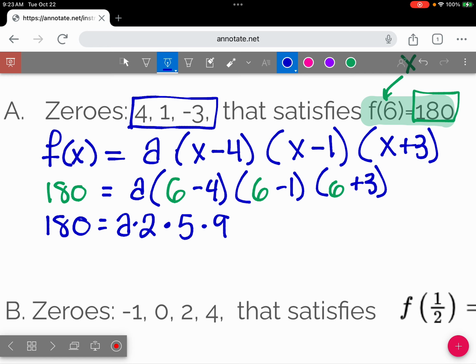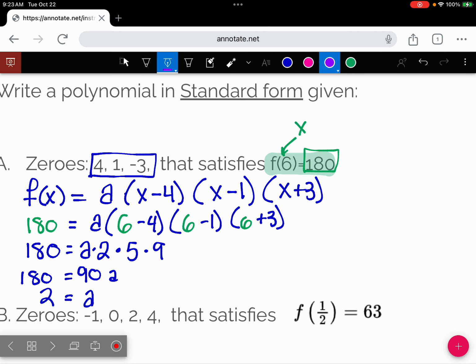Should not be 98. Oh, 98. Thank you. Yes. It just got smushed together and my brain went 98. So we have 90A equals 180. So what does A equal? 2. So we found that A value.